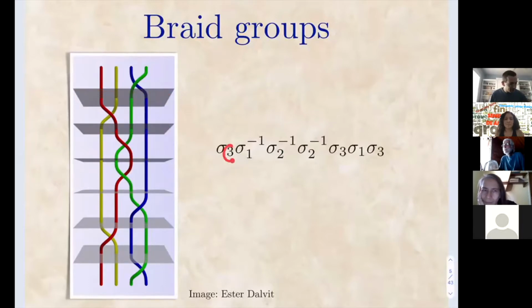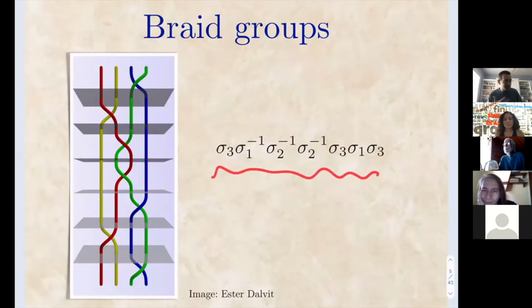So this index tells you which strand is going over which. Sigma i takes the ith strand under the i plus 1st strand. And this is the composition, the product: sigma 3, sigma i inverse, sigma 2 inverse, sigma 2 inverse again, etc. So this is how you multiply in the braid group. And this is some element of the braid group.